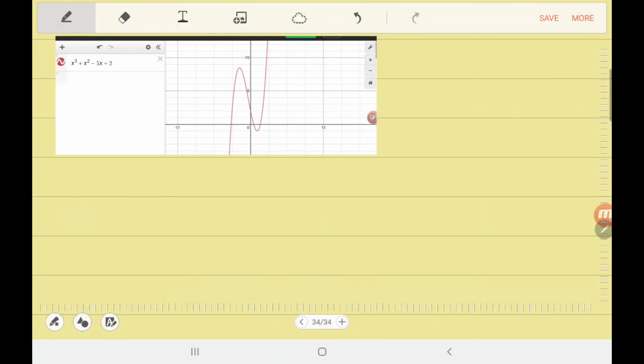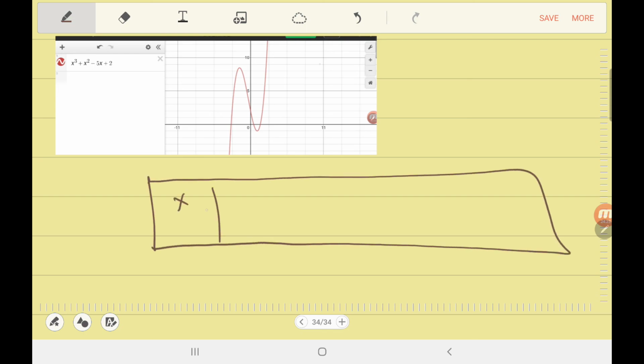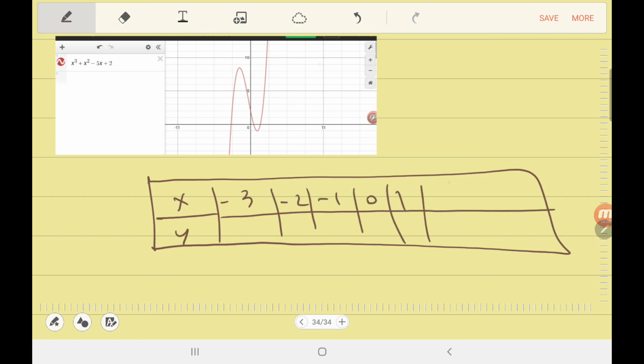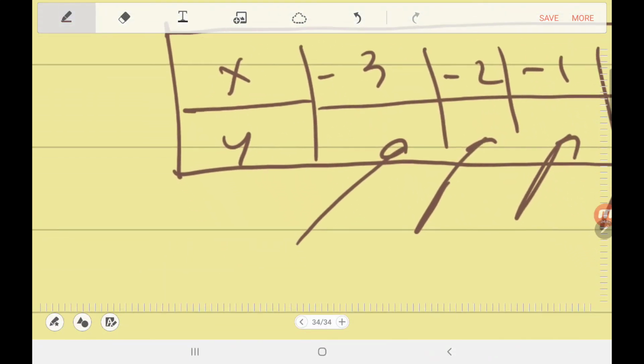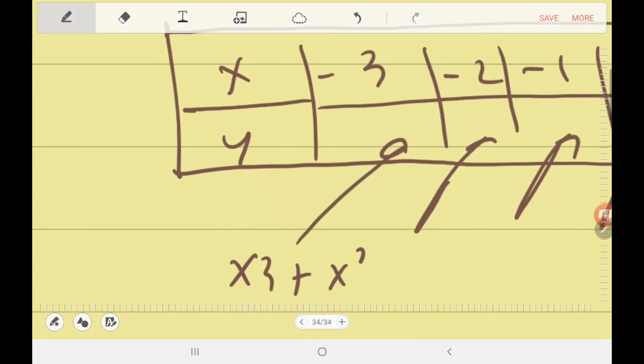That's the drawing. Okay, and if you want to solve it, you can tell your teacher that you took intervals of x and y, starting from -3, -2, -1, 0, 1, 2, 3, 4, and then you put the answer. You plug in x every time and put the answer here. It means x cubed plus x squared minus 5x plus 2.